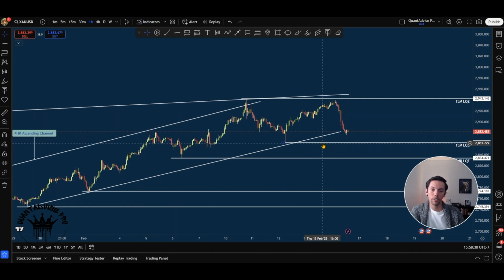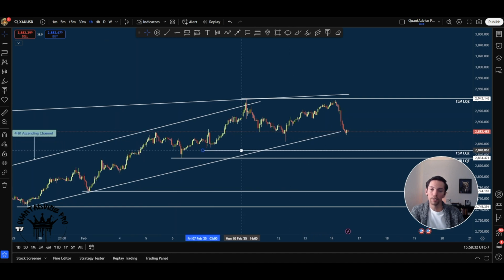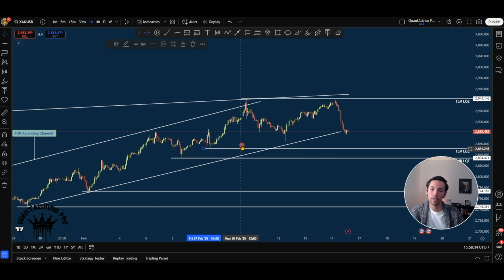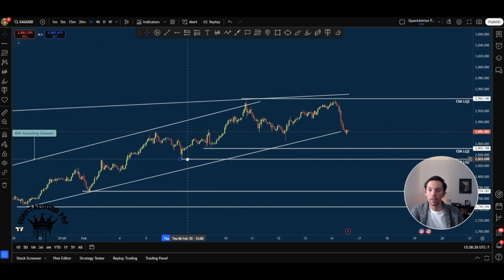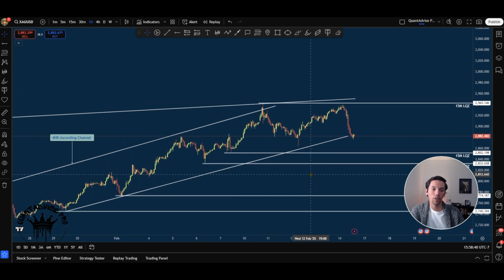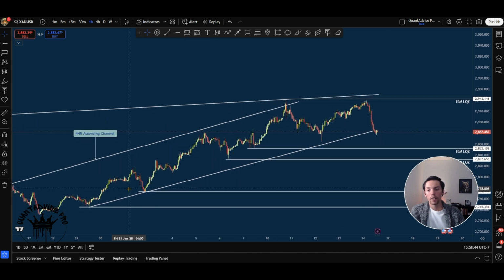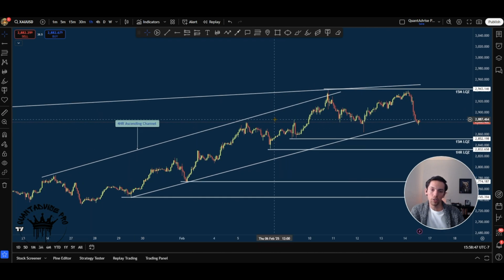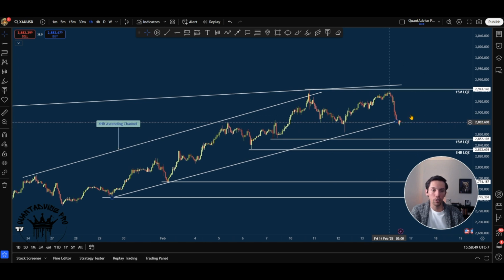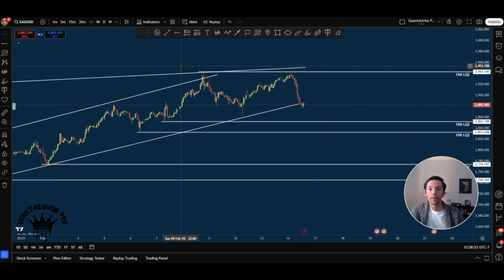I bet when price comes down, it doesn't even bother about that one. It comes for that right there. So I'm curious to see what it does. We're on our trend line, and now we're also on our third touch of our trend line. So we either get a rejection here or we get some type of breakdown. I'd be curious to see if we get any shorts this week.